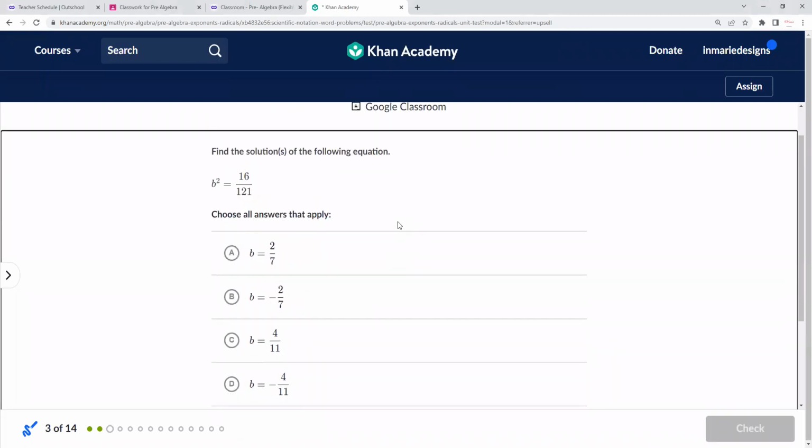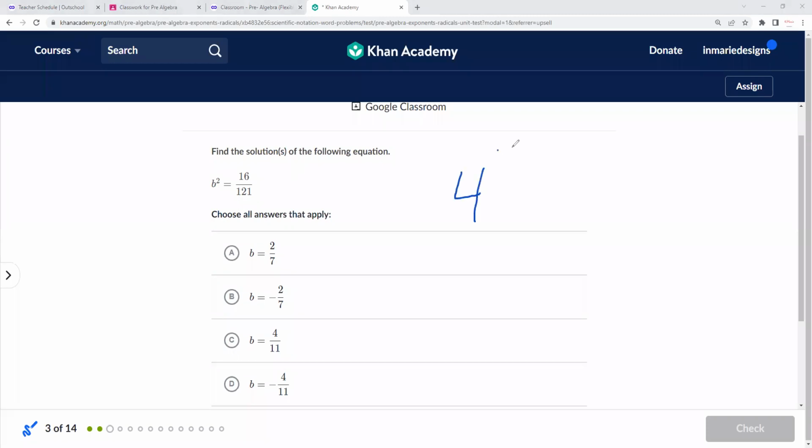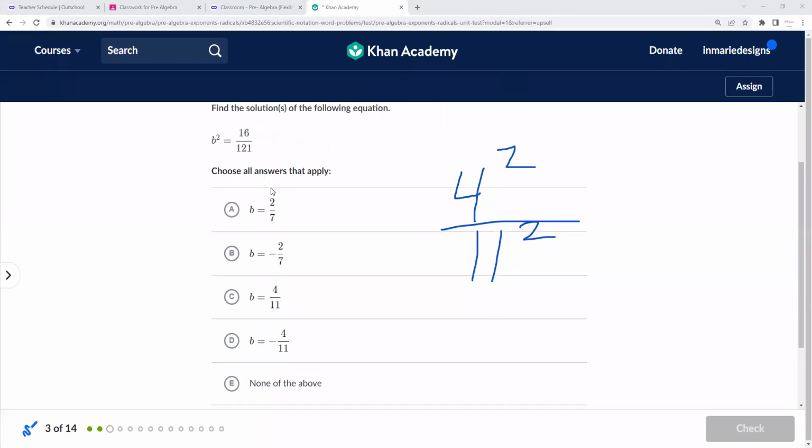Find the solution. B squared equals 16 over 121. Okay, so basically what times what gets you 16? 4 times 4. What times what gets you 121? 11 times 11. So basically 4 squared over 11 squared gets you that answer. You would just take the square root of both.